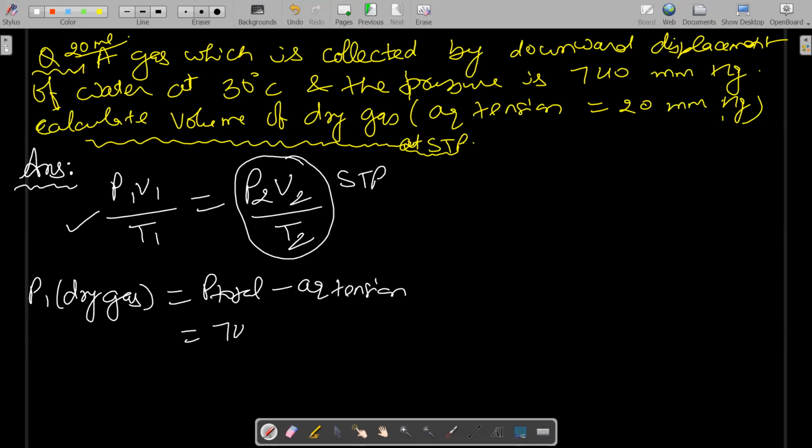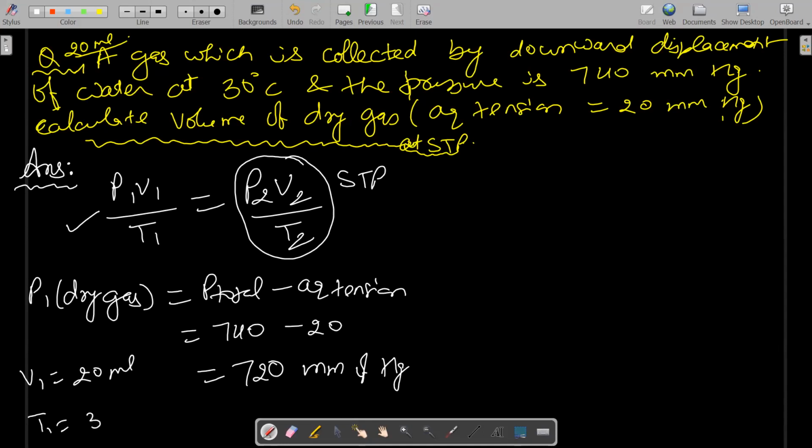That means 740 minus 20, so this is coming to 720 mm of Hg. So P1 is this. V1 I have already written, that is 20 ml, and the temperature is 30 degrees, so T1 is 30 plus 273 Kelvin.